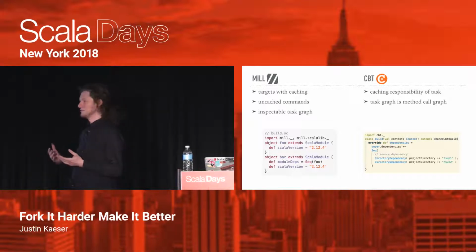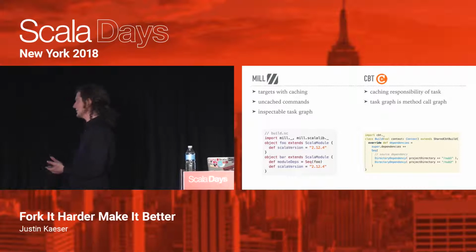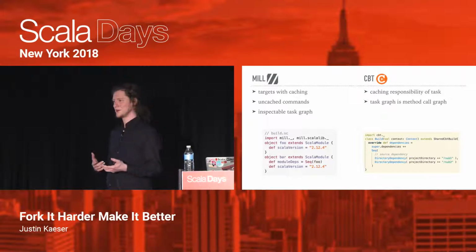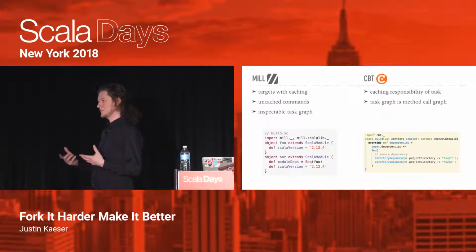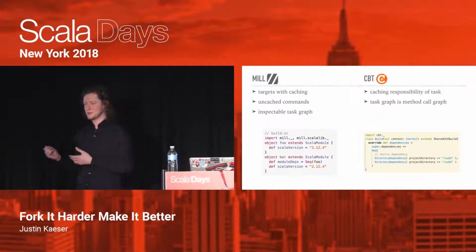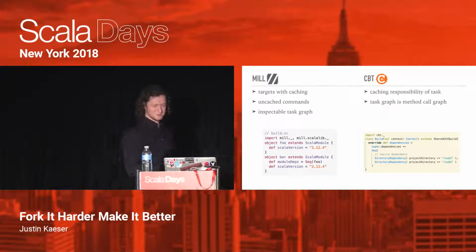Mill uses a little more magic, so that allows you, like in SBT, to have an inspectable task graph. And it takes some inspiration from Bazel as well by having tasks where all the inputs are fully defined so that they can automatically be cached, whereas CBT leaves caching to each implementation of a task.